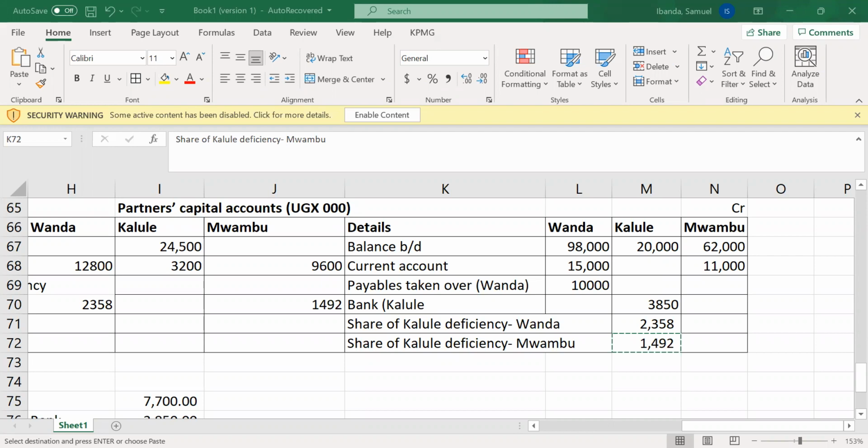So what is going to happen with those balances? Those balances are supposed to be paid through the bank account. Let's try to balance off this account. Karule's account will balance off automatically because this side is 27, this side is also 27. So this is going to happen like this.